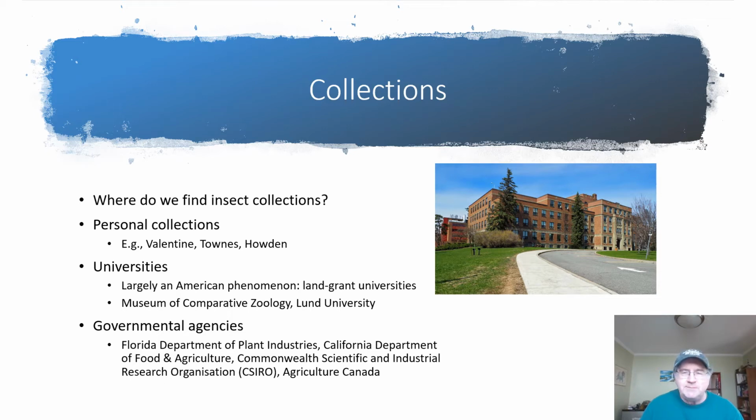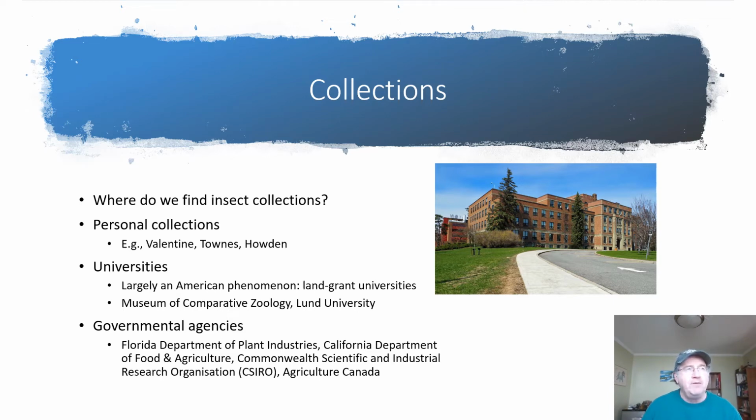And that one gains its prominence from the fact that a very important systematist, C.G. Thomson, worked at Lund University in the latter part of the 19th century. And so his collection formed the core for a second century of extensive work in insect systematics and collecting, not only in Sweden, but all around the world.